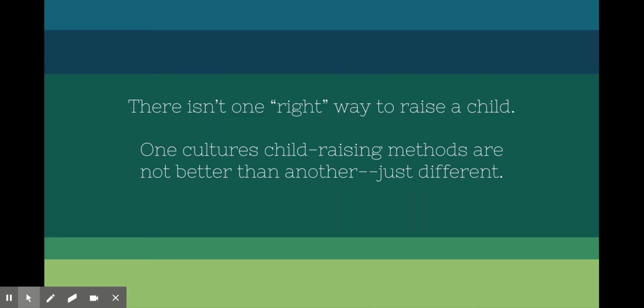One thing to make note, you don't necessarily have to write this down, but just something to think about. There's no one right way to raise a child. One culture's child raising methods are not better than another. They're just simply different. And to put it out there with your own parents, I know you all have various degrees of what type of parents they were, whether you appreciate their parenting style or not.